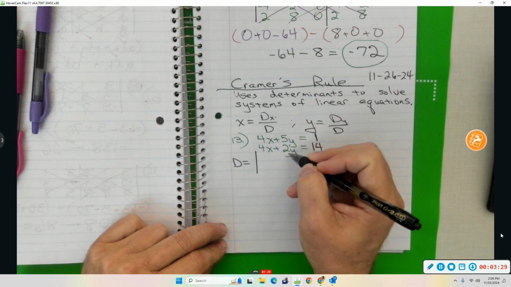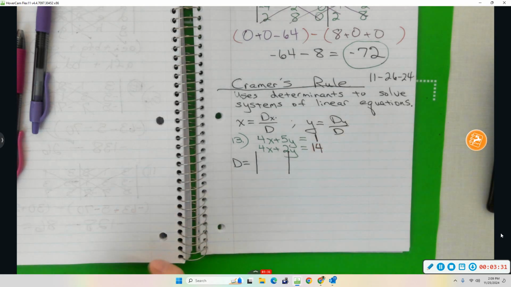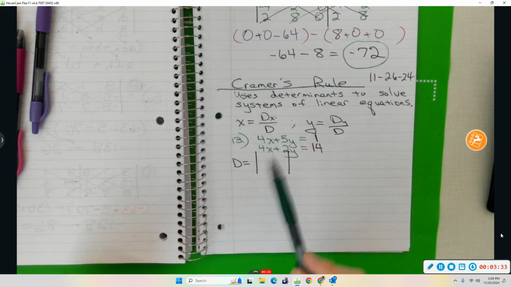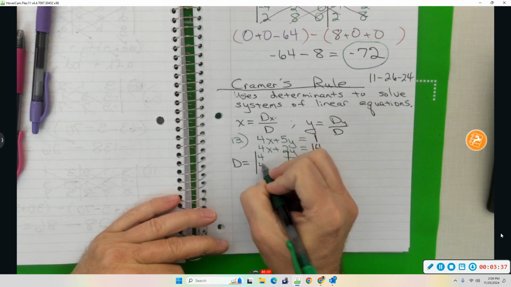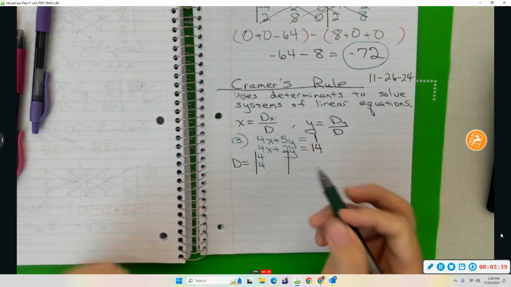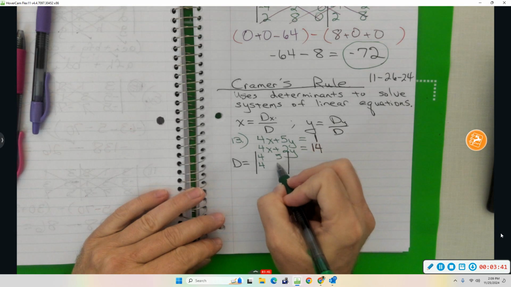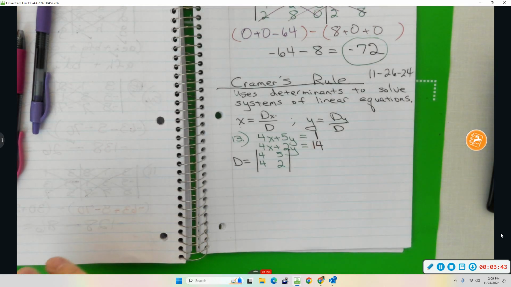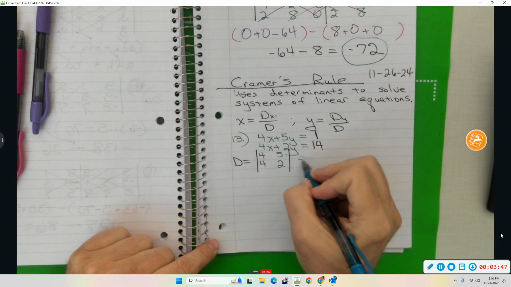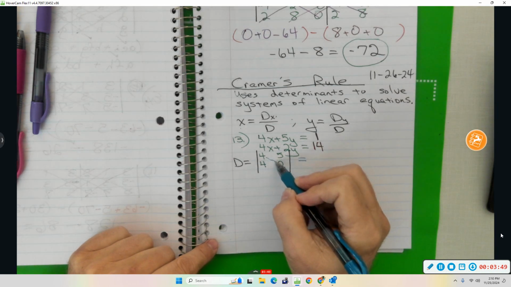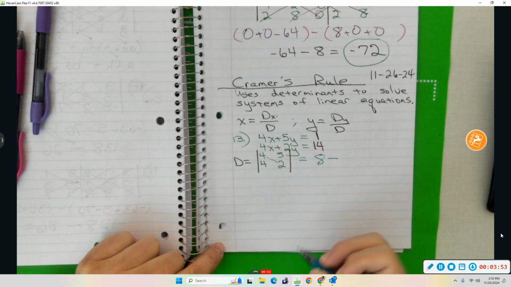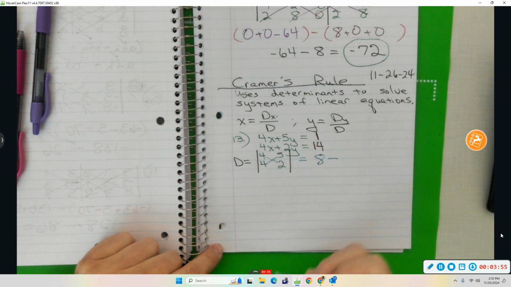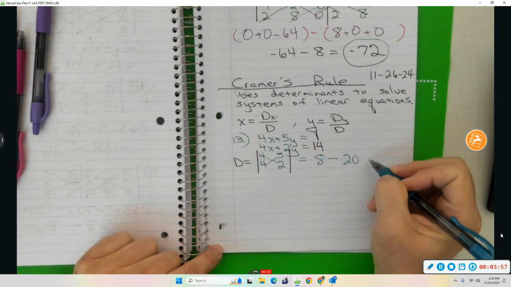Well, we're only looking at the coefficients. The coefficients for x are 4 and 4. The coefficients for y are 5 and 2. And we remember how to find a 2 by 2 determinant. Remember, you multiply 4 times 2 is 8 minus 5 times 4 is 20.